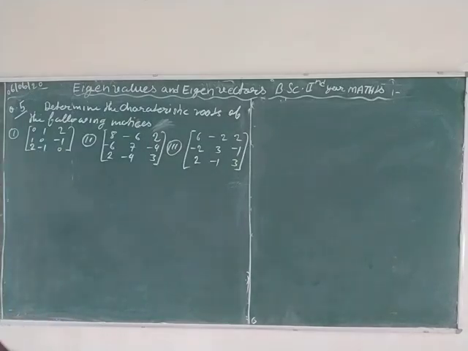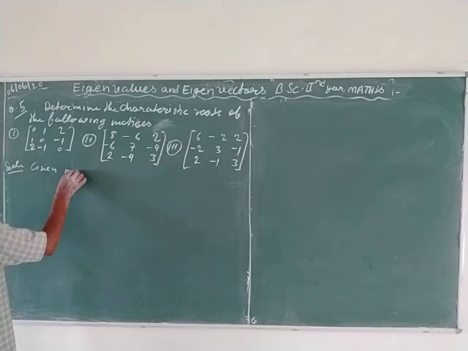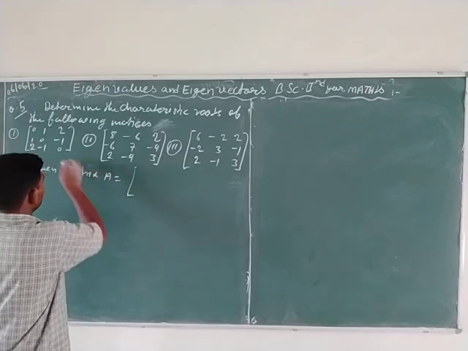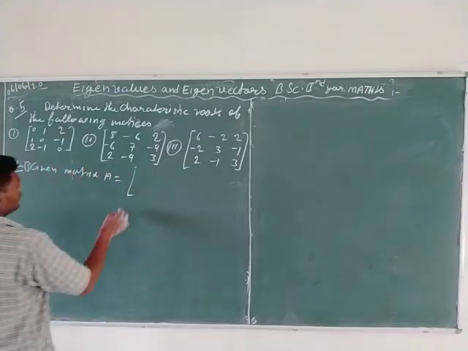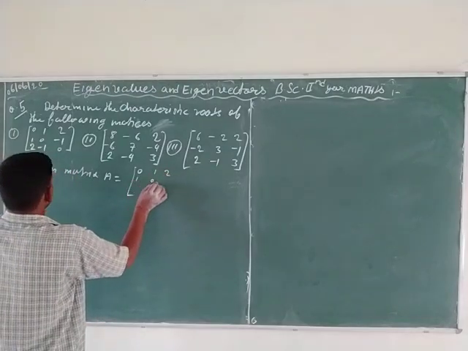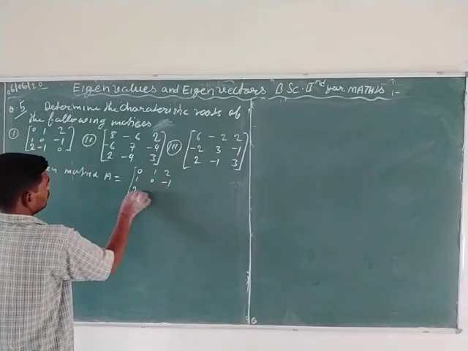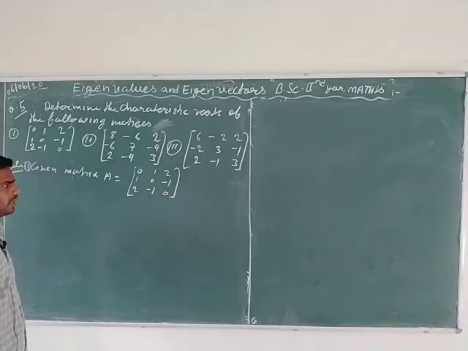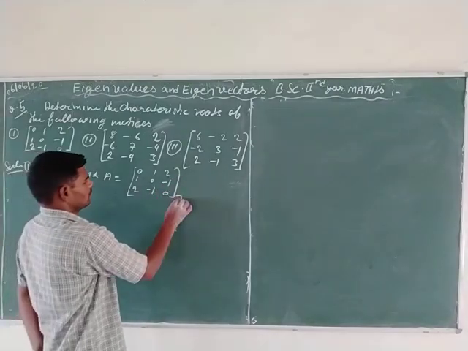So therefore, write the question. Given first matrix is here. Suppose the matrix capital A of 3 by 3 order is 0 1 2, 1 0 minus 1, and 2 minus 1 0, the given matrix of 3 by 3 order.